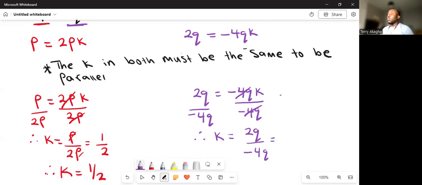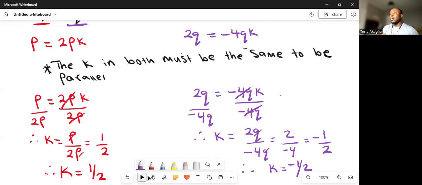And the Q we cancel. So it's going to be 2 divided by minus 4. And this is going to give us minus 1 over 2. So the K here is equal to minus 1 over 2.